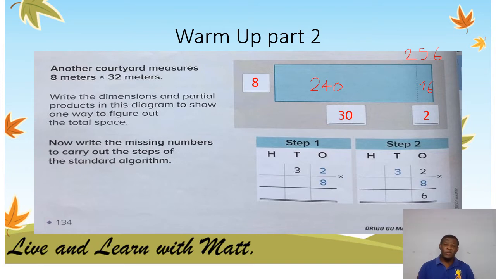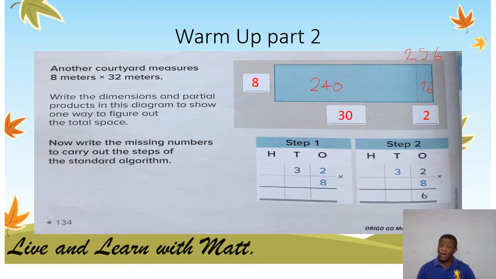Now write the missing numbers to carry out the steps of the standard algorithm. So the first step, 8 times 2 will be 16.